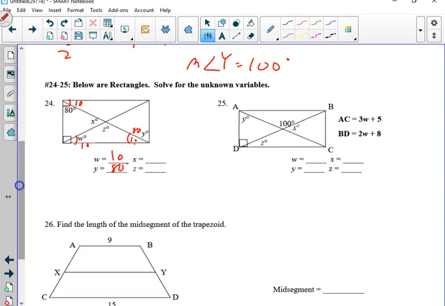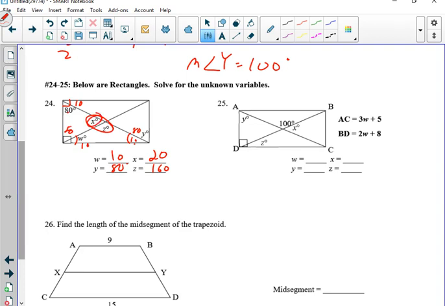And if this is 10 and this is 10, it's 20, which leaves 160 for z. And these two have to be supplementary, so 180 minus 160 is 20. Another way to think about this is 80 plus 80 is 160, which makes this 20.